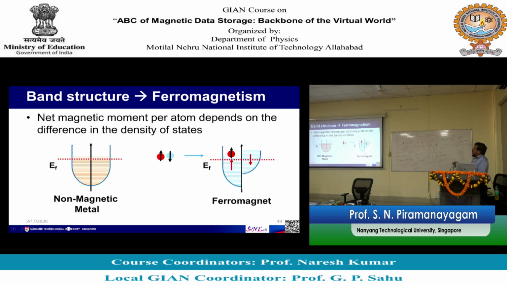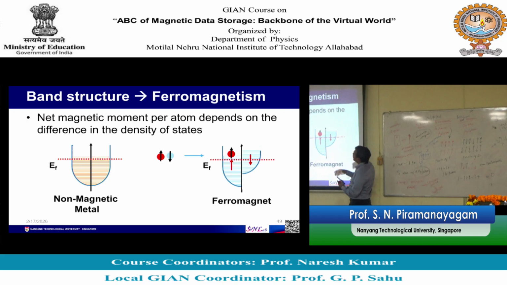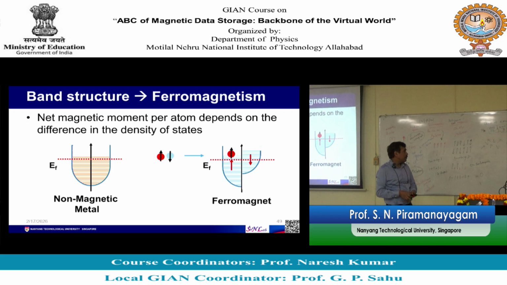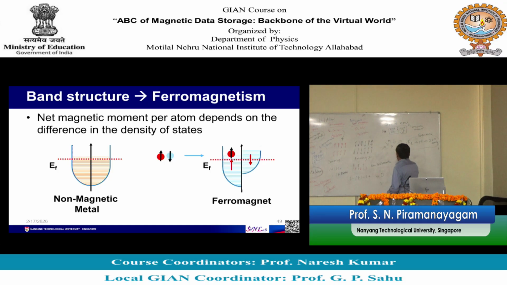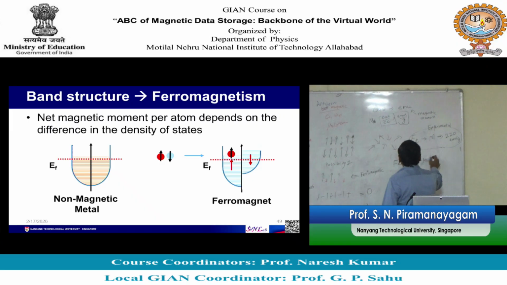When you have a solid, you will have band structure, density of states and so on. So, you will have a certain density of states for up spin, a certain density of states for down spin, and if you do the band structure calculation, then you will realize that the magnetic moment of iron is roughly 2.2 Bohr magneton per atom.